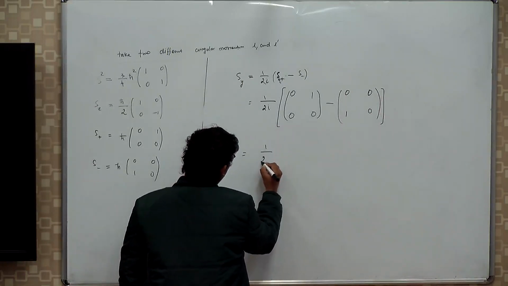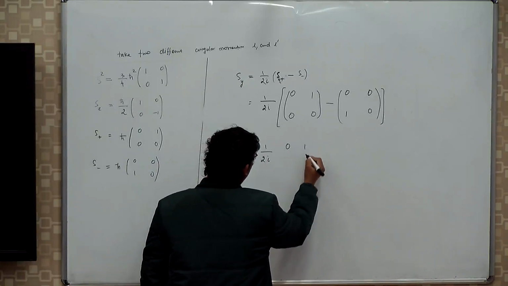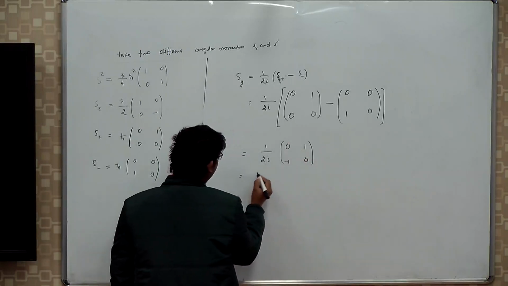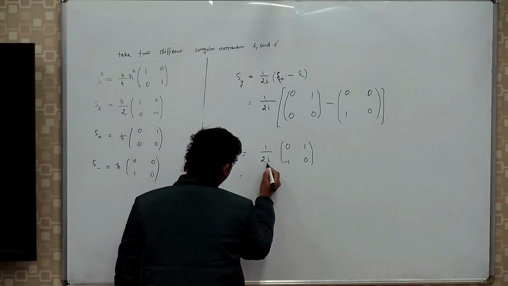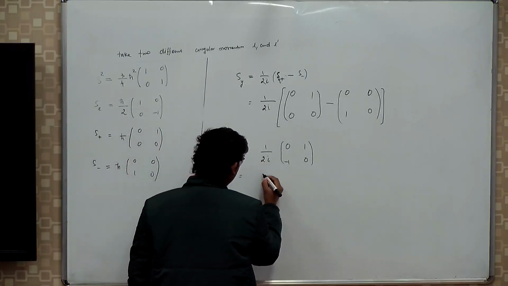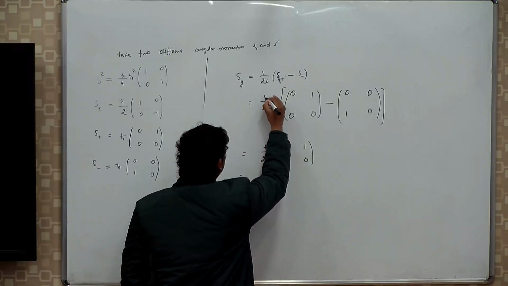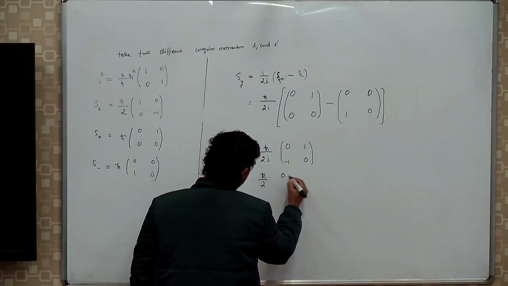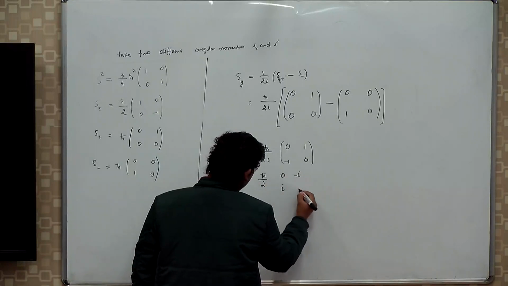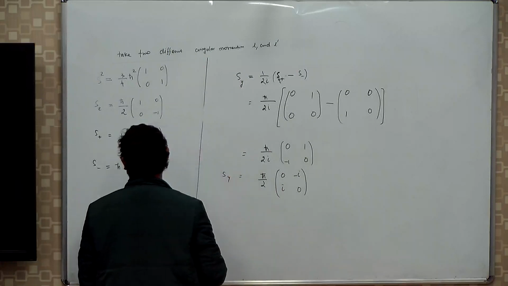So 1 over 2i times 0 1 minus 1 0, or if we take the reciprocal of i, it will give you minus i, so h cross by 2 times 0 minus i, i 0 is nothing but the Sy operator.